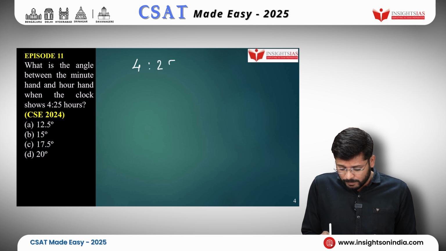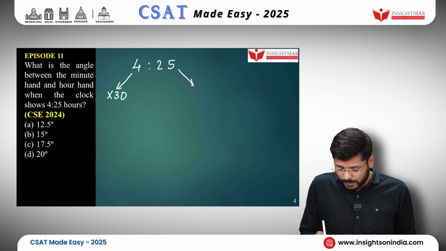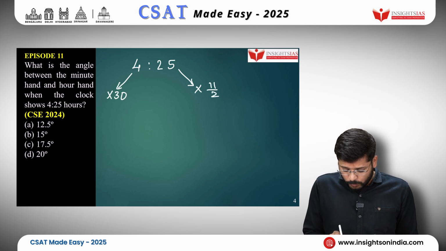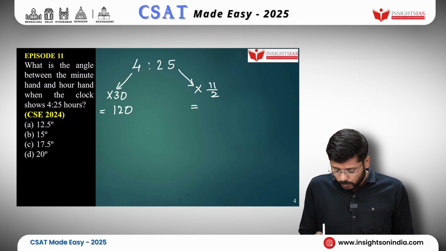Just write down the time, then multiply the hour number by 30 and multiply the minute number by 11 by 2. What do you get? 30 into 4, that would be 120. 25 into 11 by 2, what would that be? That would be 12.5 into 11.